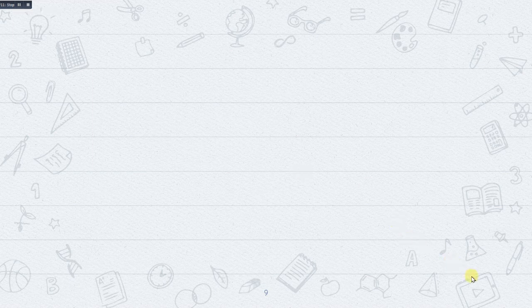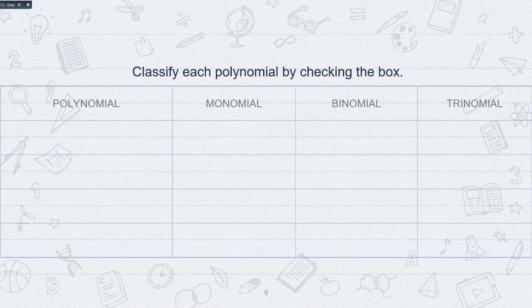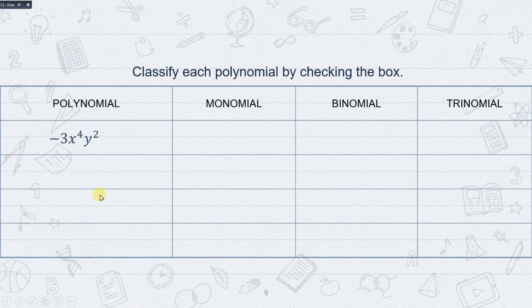Let us classify each of the following given polynomials by checking the box. Example number 1, we have negative 3x to the 4th power and y squared, meaning it is a monomial because it only consists of 1 term. Next is 4x squared plus 5x minus 3.